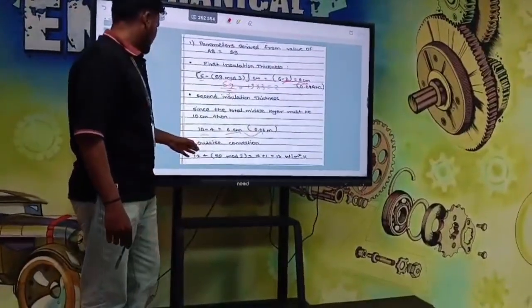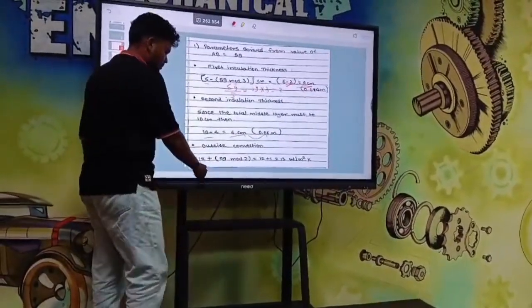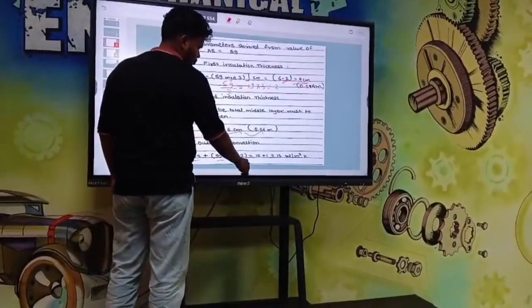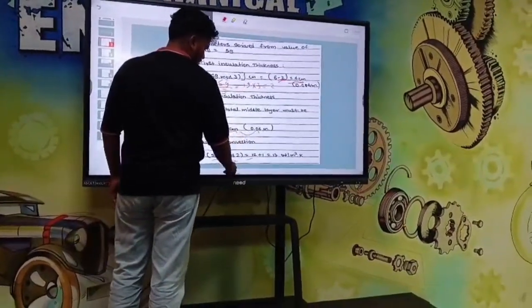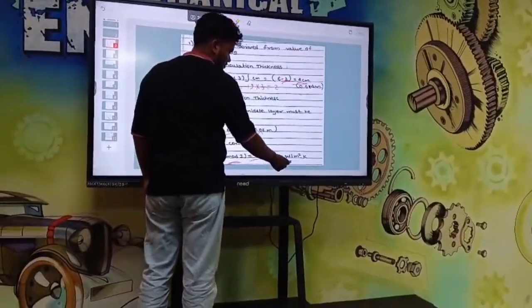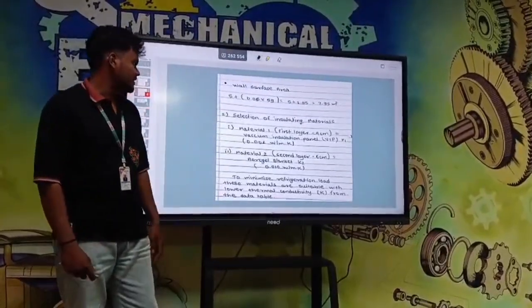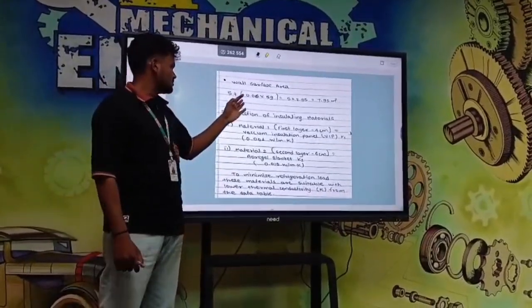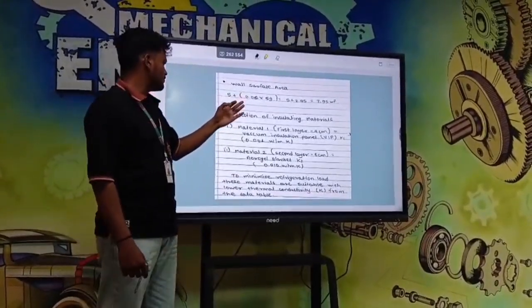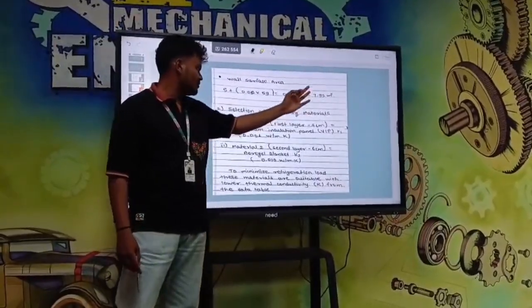The next step is outside convection. 12 is a constant, so 12 plus 59 mod 2. The value of 59 mod 2 is 1. So 12 plus 1 is 13 watt per meter square Kelvin. I calculated the wall surface area as 5 plus 0.06 into 59. 5 is a constant, so the value comes to 7.95 meter square.